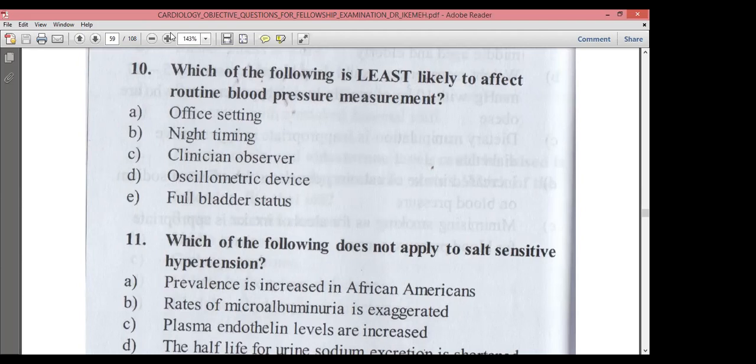So routine is what may bring in the difference. It has to do with timing. The office setting has nothing to do with timing. Clinician observer, oscillometry, and full bladder can occur at any time. So I think that may be the reason why nighttime may be the right option.